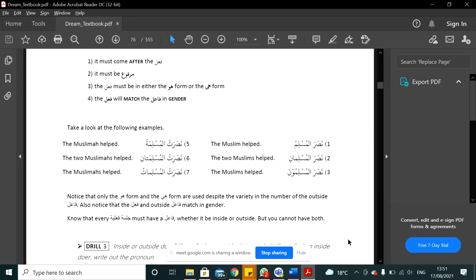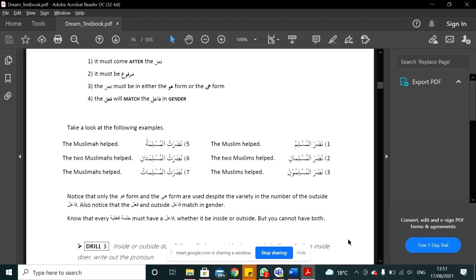Is that more confusing or is that making any sense to you now? It makes sense. Okay. So, Sister Lippy, give me the four conditions for an outside doer. So an outside doer has to have marfu.